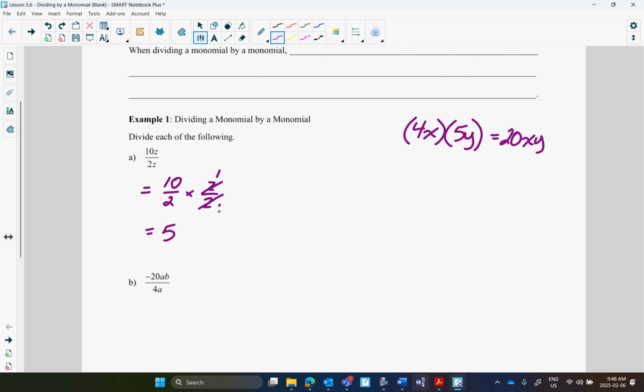Or we can reduce it. Divide the top and bottom by z, you get 1 and 1. So I get 5 times 1, which is just 5. So notice in here, if we've got a variable and an identical variable on the top and bottom, they can reduce to 1. And then we don't have to write the 1 in.